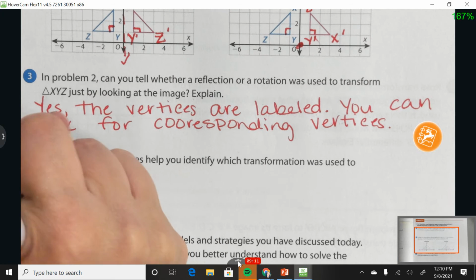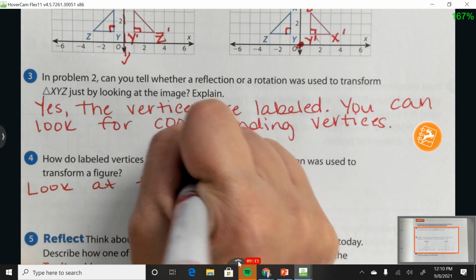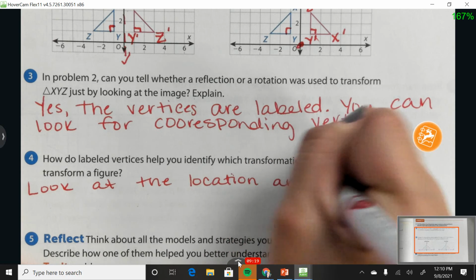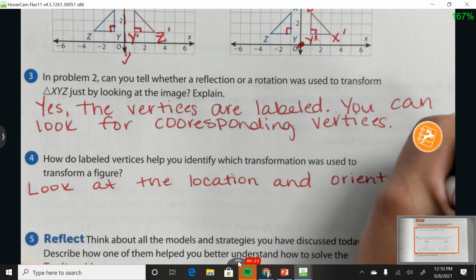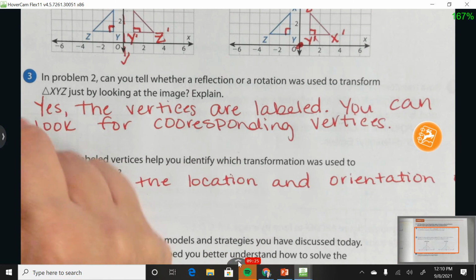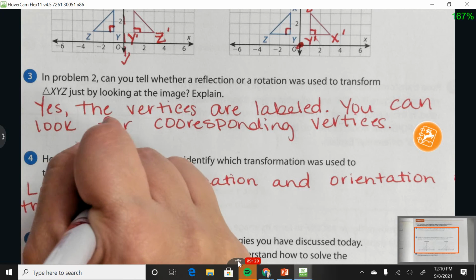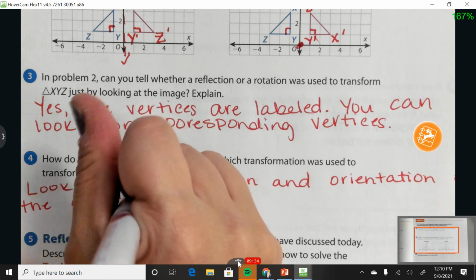So look at the location and orientation of the corresponding, I'm pretty sure I spelled that wrong. Oh well.